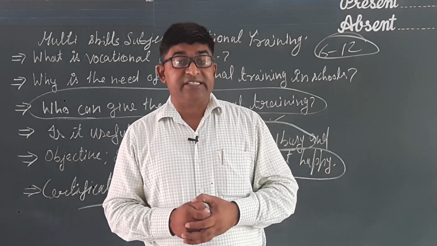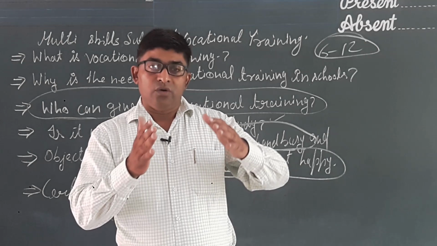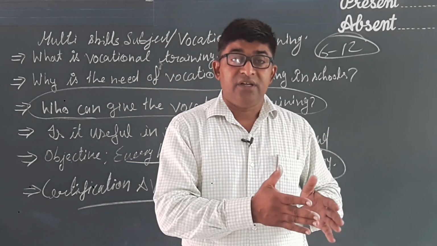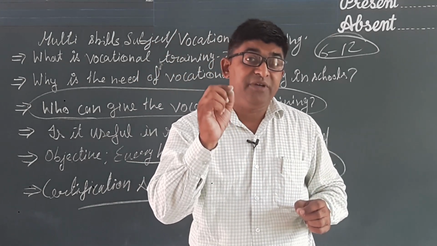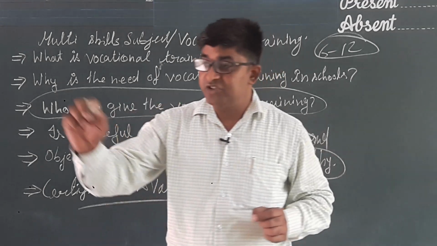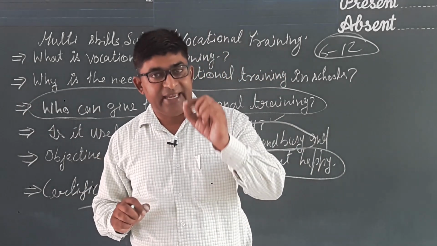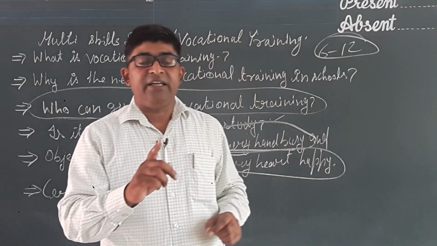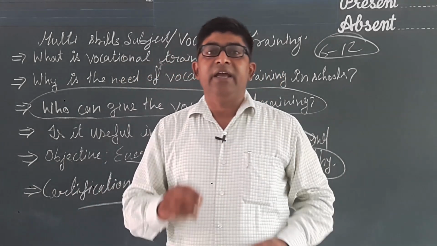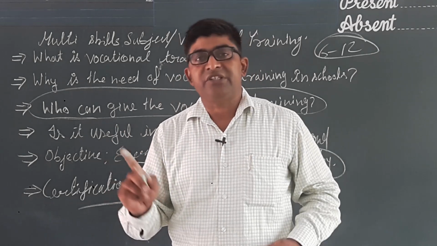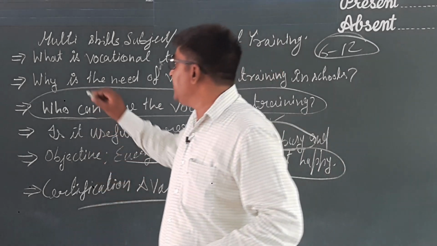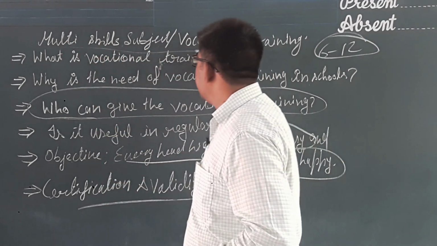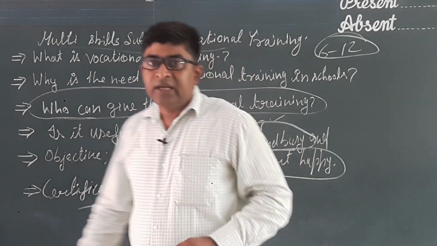If a child is able to assist his parents, definitely that child will be able to help the country develop, and that sense will make him happy. So every head high, every hand work, and every heart happy. This is the motto of the implementation of multi-skill subjects in the schools.